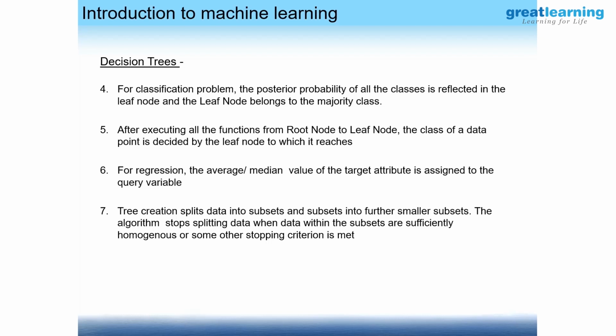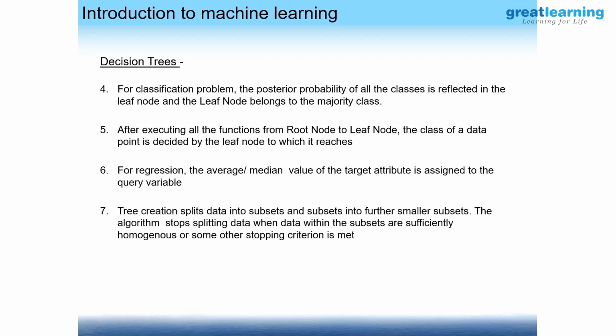When the data gets split into two, here also you have some records, here also you have some records. Find out what is the majority here, defaulters or non-defaulters. Find out what is the majority here, defaulters or non-defaulters.